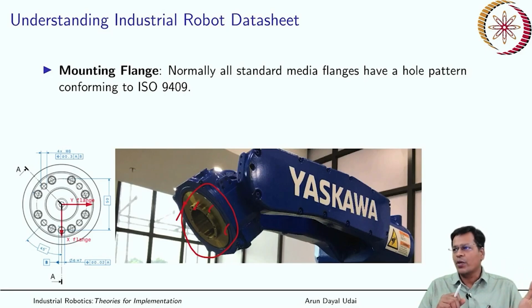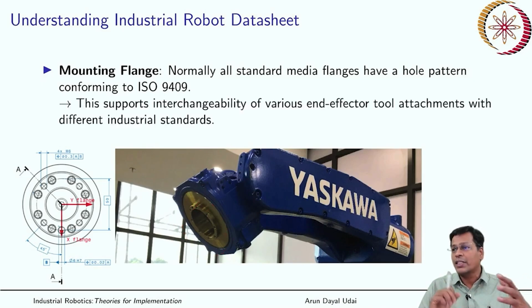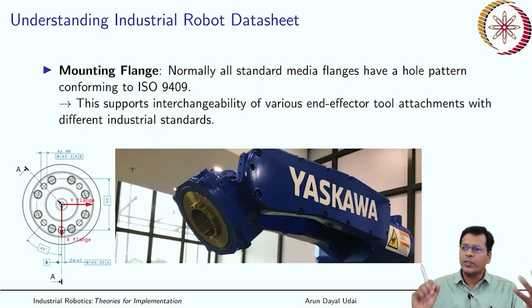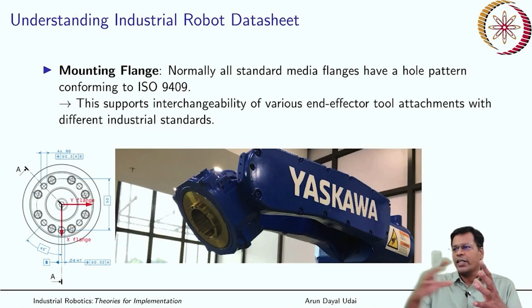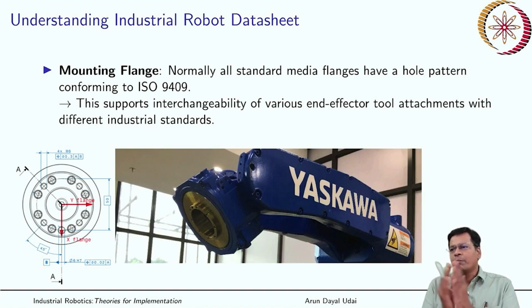So why is this so important? Because this supports interchangeability of various end effector tools. Let's say today you have a 2-fingered gripper, tomorrow you may have a spot welding gun that can be fitted on top of it. Each one of them, although they have different shape after the flange, the flange should be such that it fits on top of this particular flange. So interchangeability is possible.